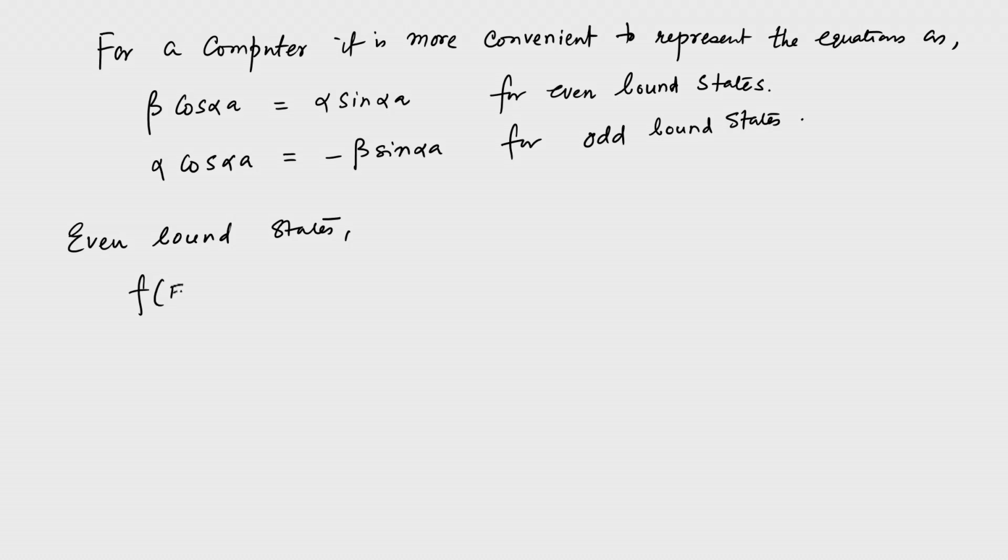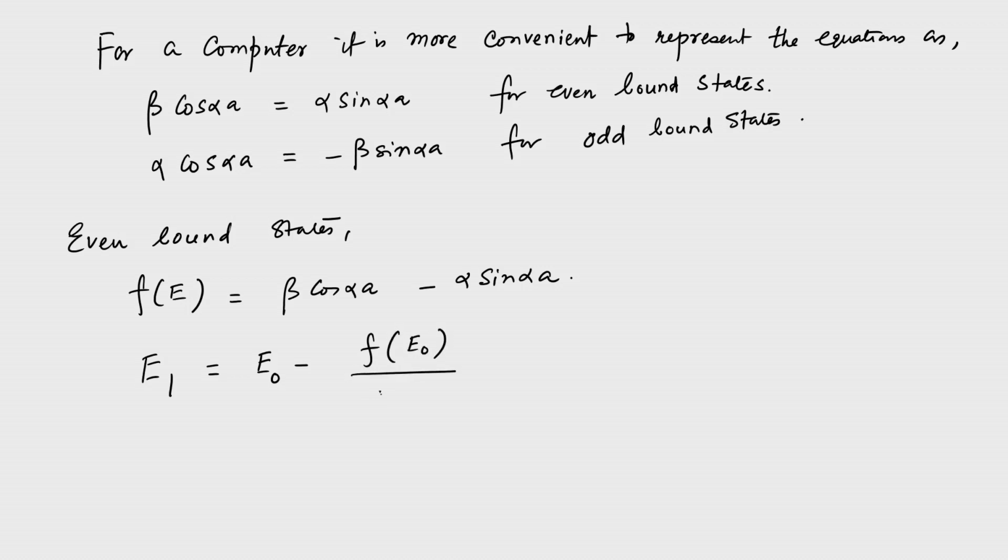F of E is beta cosine alpha A minus alpha sine alpha A, and I would get a value of E, the first iterative value of E, from a guess value E 0 by calculating f of this divided by f prime of this.